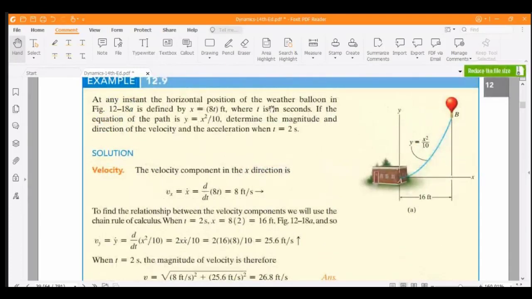Meaning our question is we need to find the magnitude of the velocity. If the position changes in 2 dimensions, then for velocity you also need to go into 2 dimensions.